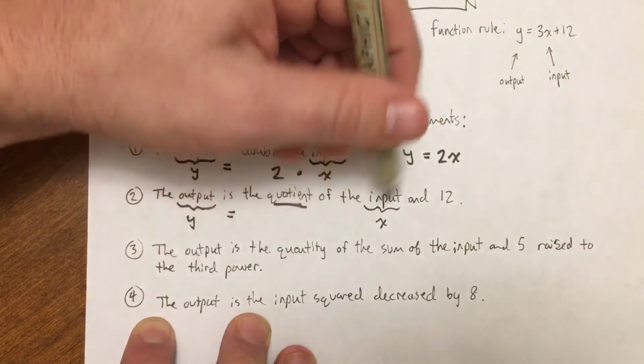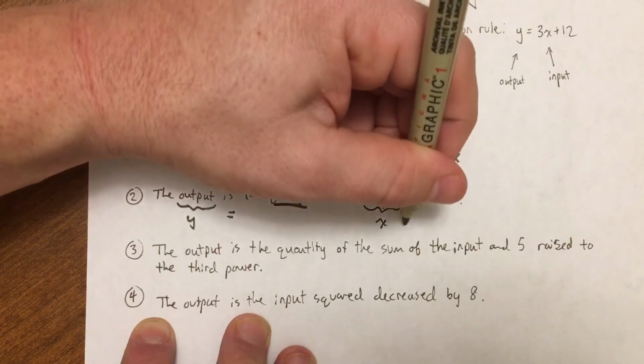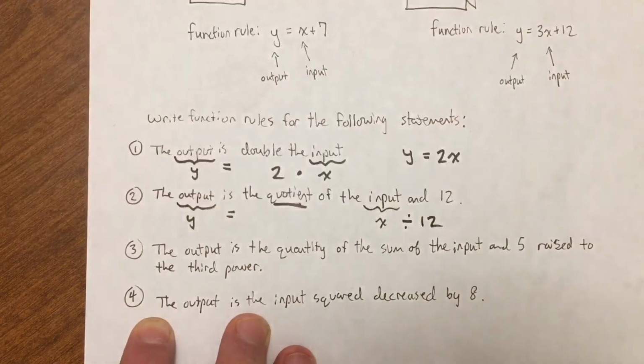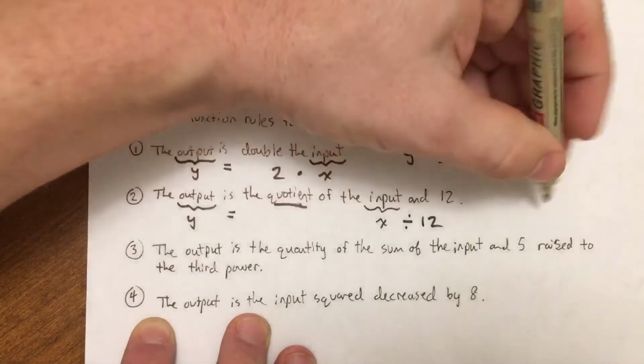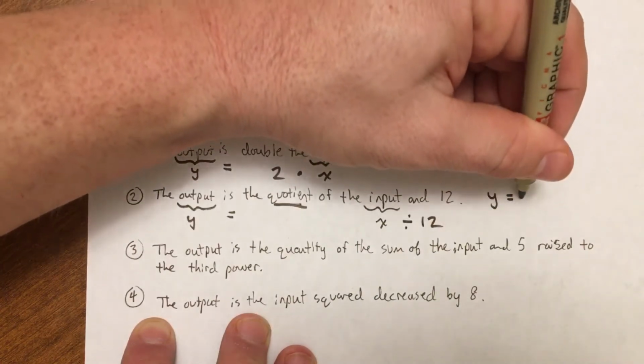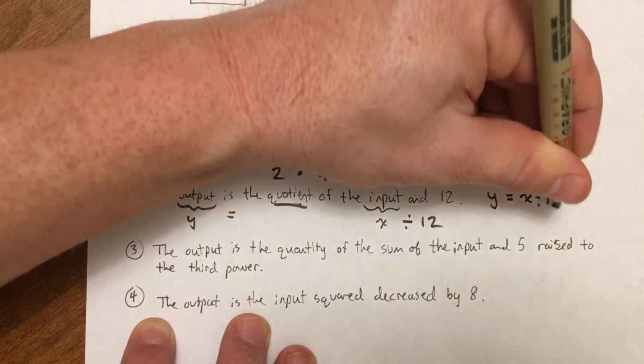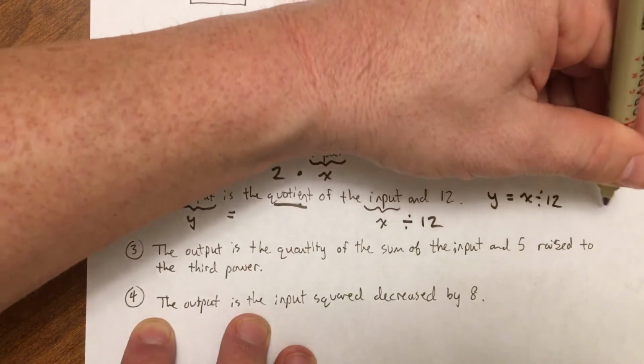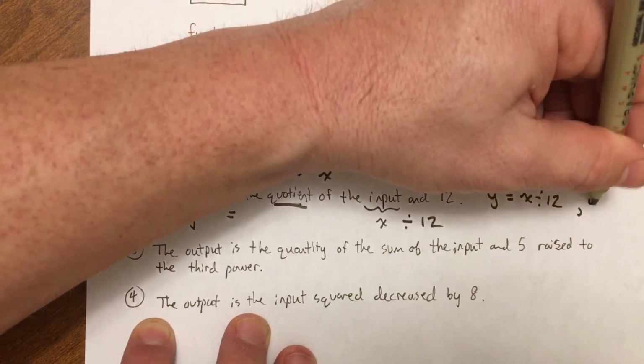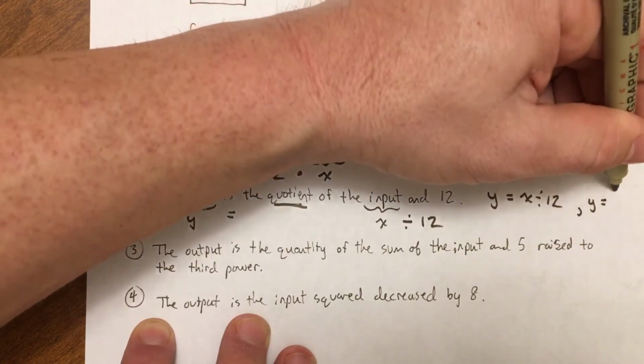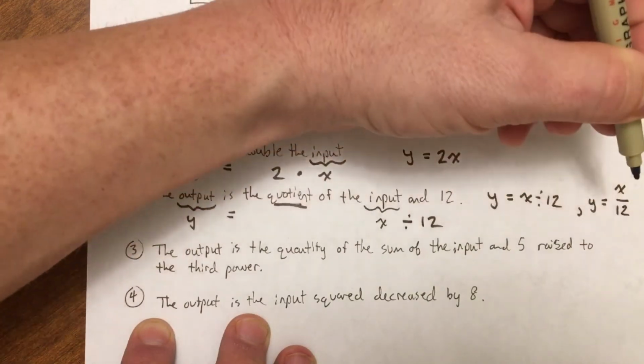So it's the result of the input divided by 12. So our function rule would be y equals x divided by 12. Or another way that we can write this out is y equals x over 12.